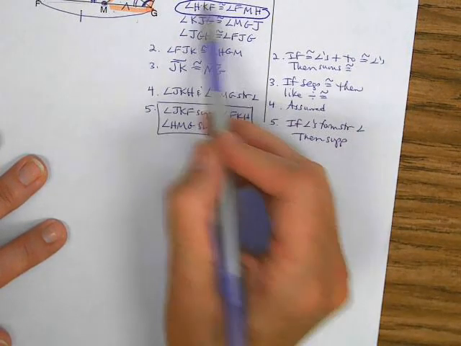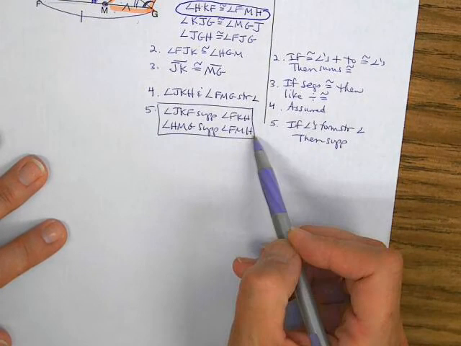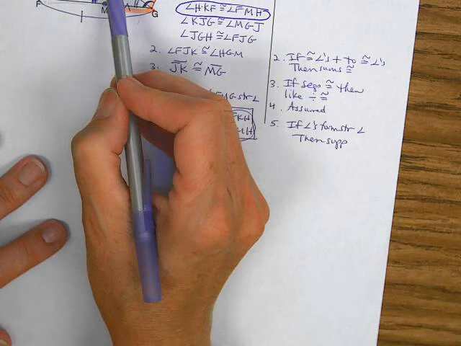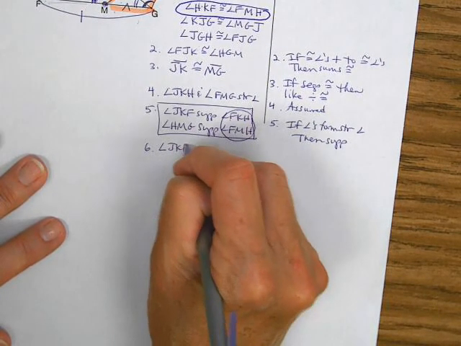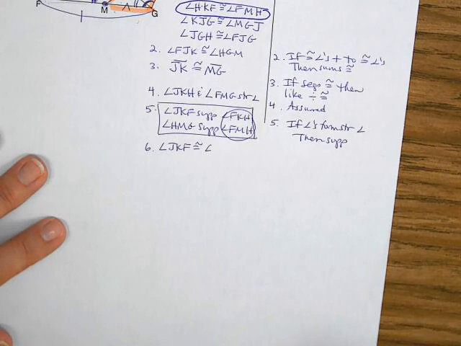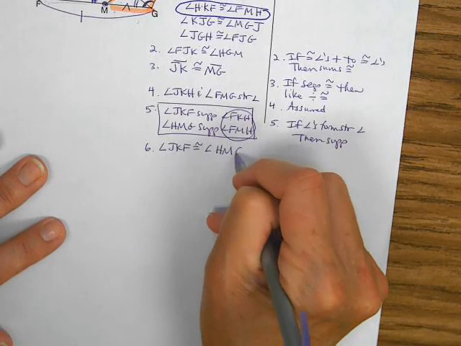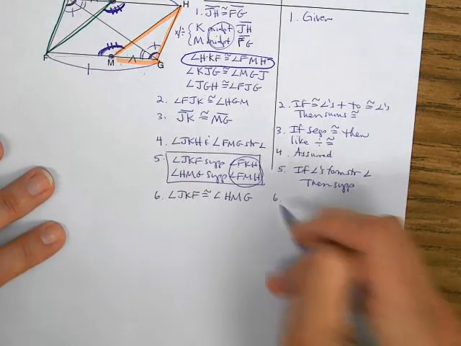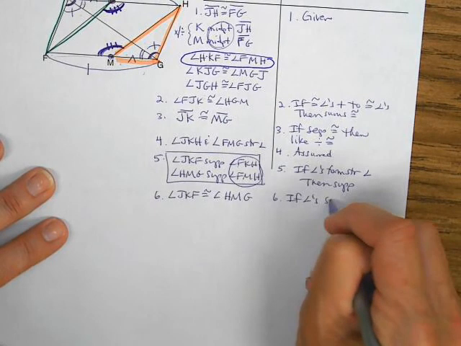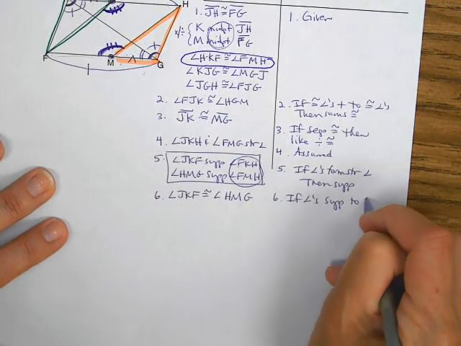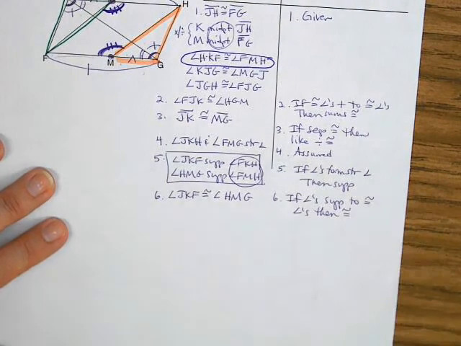But now I've got these two congruent. I've got HKF, which is this one, congruent to FMH, which is this one. These two are congruent. So therefore, the other two, JKF, is congruent to HMG. If angles supplementary to congruent angles, then they are congruent.